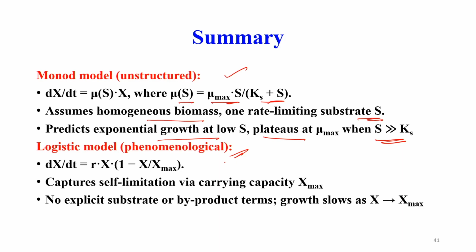The logistic model, which we discussed earlier, has X reaching X max following an exponential profile, but it is independent of substrate. There is no explicit substrate or byproduct term here.